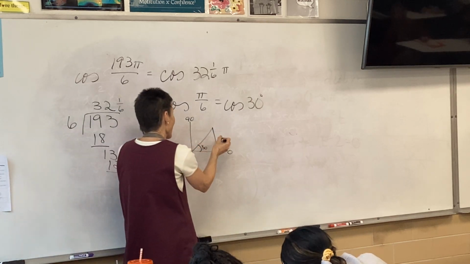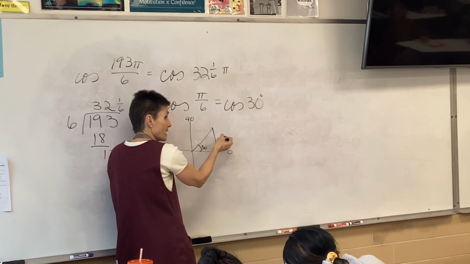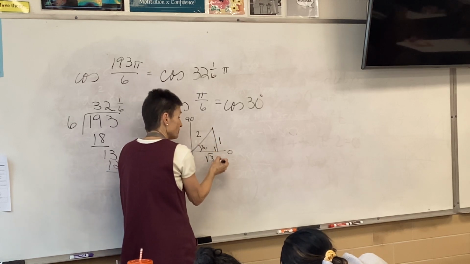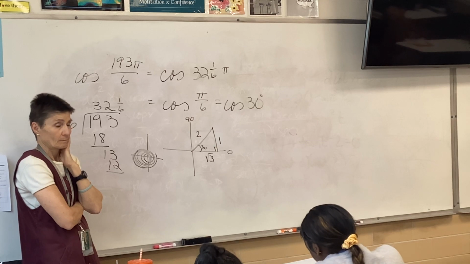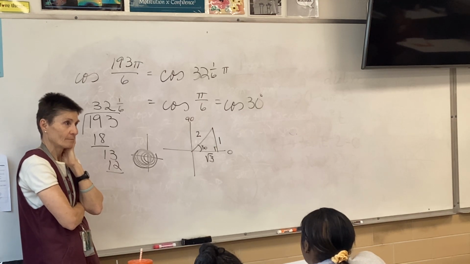Tell me about the sides of this triangle. If that's a 30, then this is a 1, 2, root 3. Yeah, looks right. It is right, thank you.